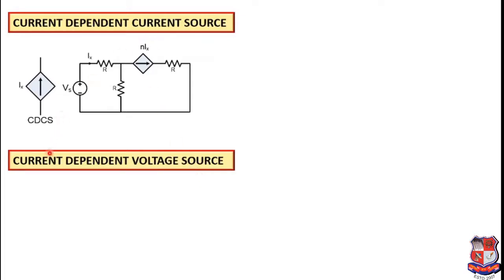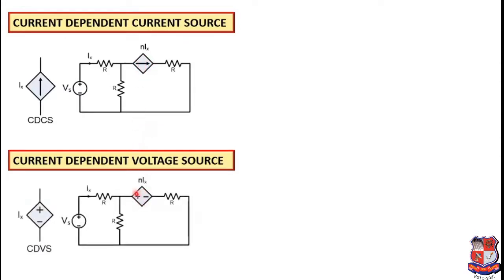The dependent quantity is still current, but instead of the current arrow sign, now there will be a voltage polarity. That much only is the change. You can see here instead of arrows, positive and negative signs are shown, which means that this is a voltage quantity. So the source is now a voltage source, but it is still dependent on current.